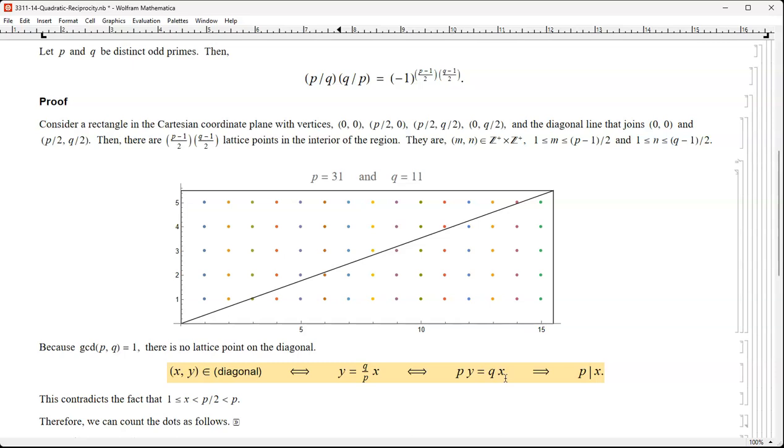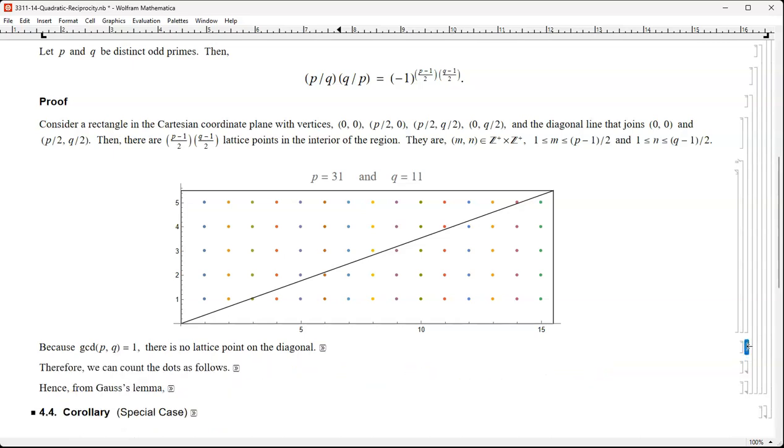So p must divide x. But then again, if p divides x, x is either 0 or p or something much bigger, but x is being selected from 1 to (p minus 1) over 2. That's not possible. So there's a contradiction, so there's no lattice point on the diagonal.